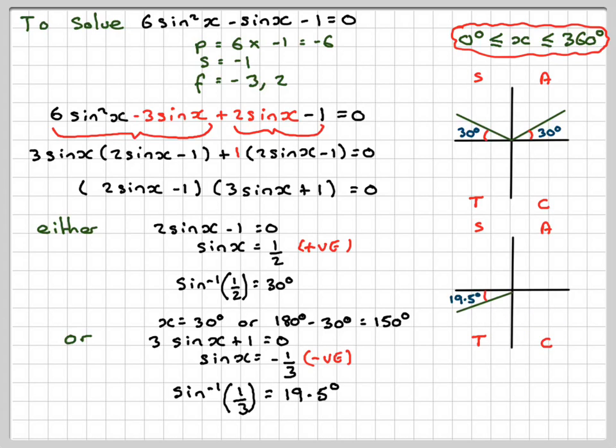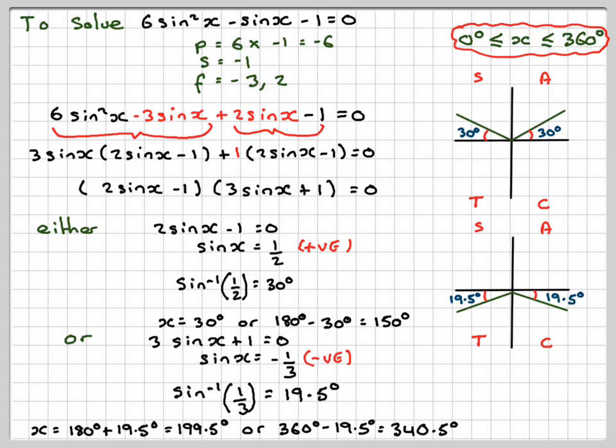So I draw my angle in the third against the x-axis, like that. Okay, and now I start from here. So the angle will be 180 plus 19.5, which is 199.5, or 360 minus 19.5, which is 340.5.